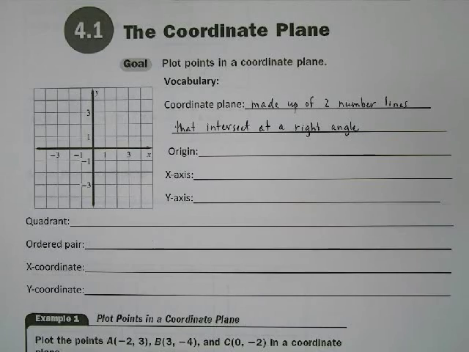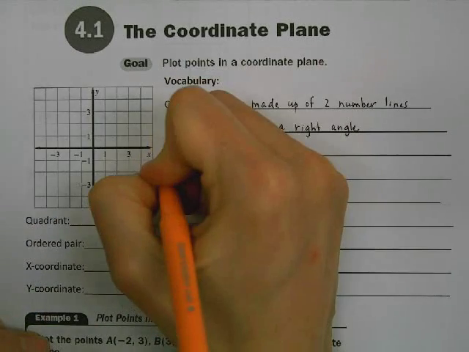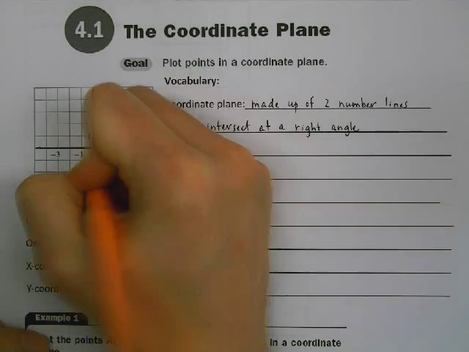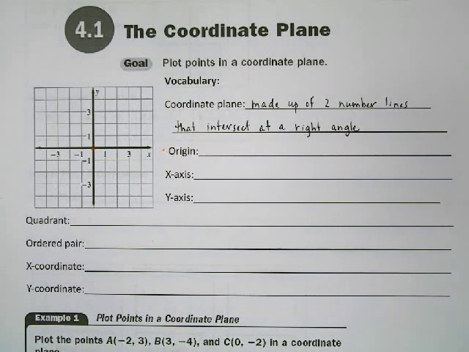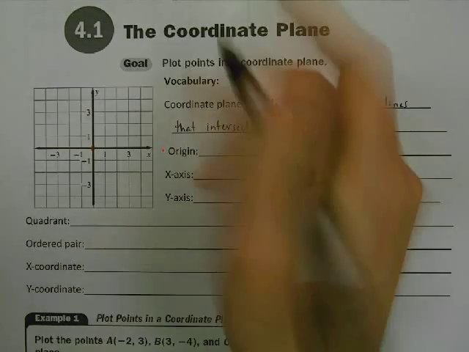And that point where they intersect, right here, I'm going to make a dot here, that point where they intersect is called the origin.